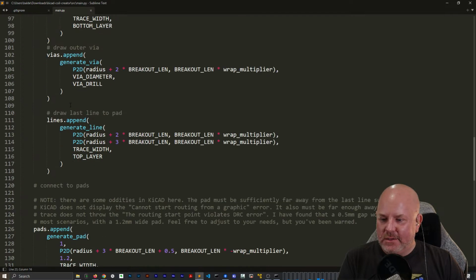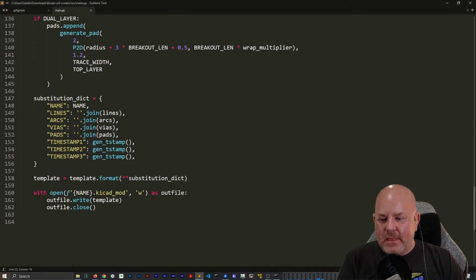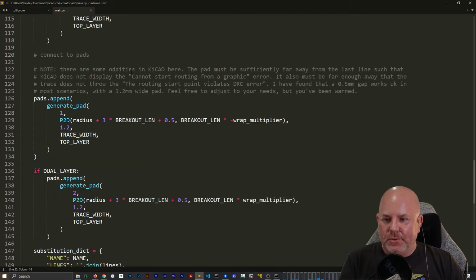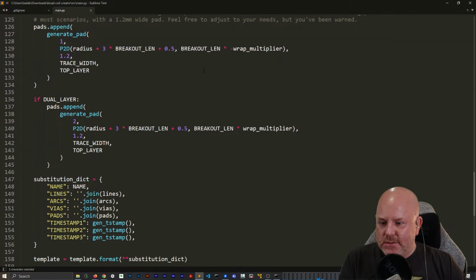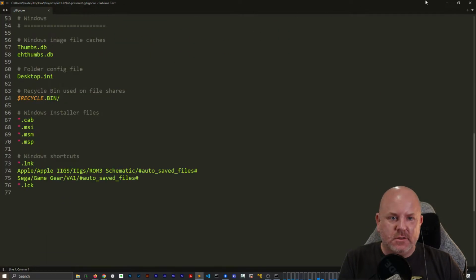No way. Okay, so I am going to do a pull request and correct his misspelling of KiCad. It should be spelled KiCad, not KiCad. But this looks really close to what I was trying to do.